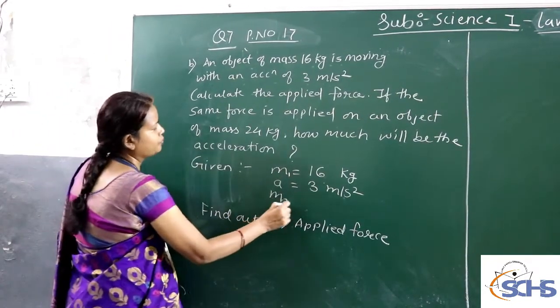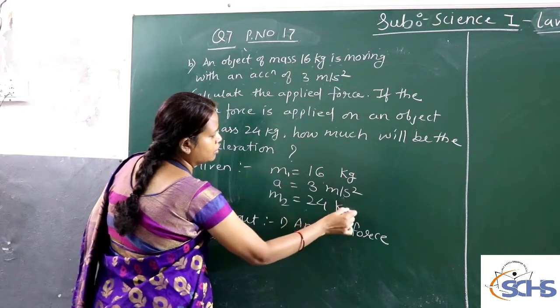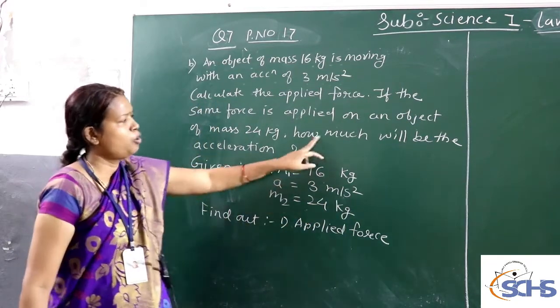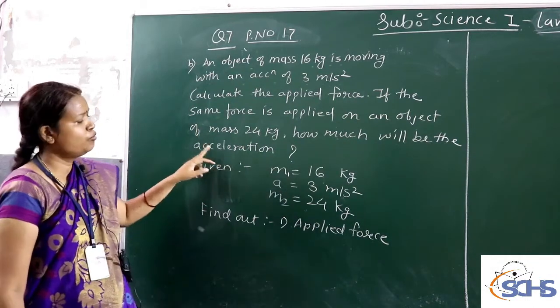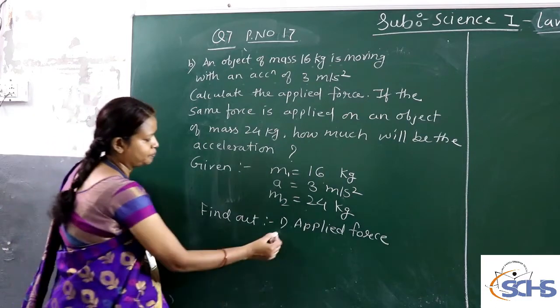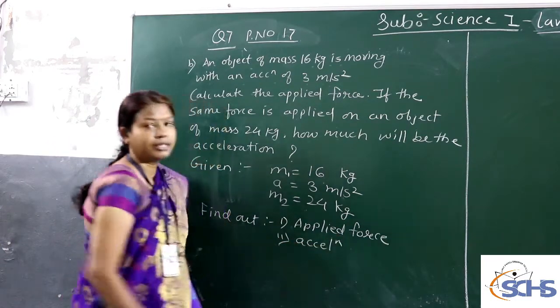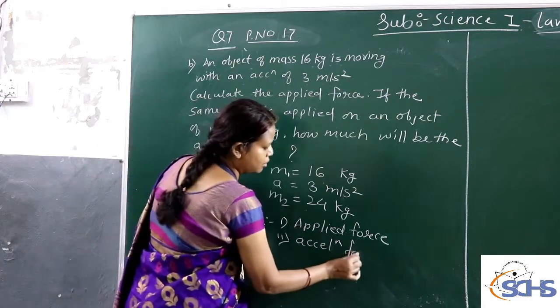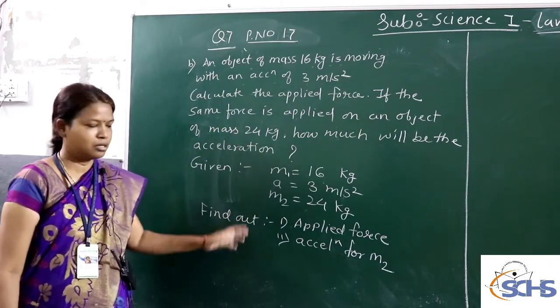Mass 2 is given as 24 kilogram. How much will be the acceleration? So for this mass 2 we have to find out the acceleration. Understood up to this? Okay.